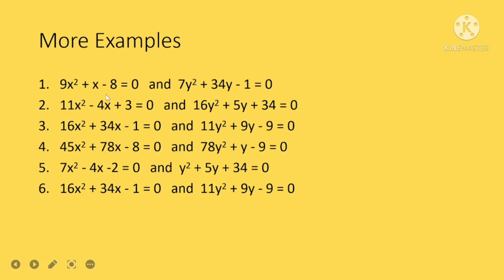Let us see the first example: 9x square plus x minus 8 is equal to 0, 7y square plus 34y minus 1 is equal to 0. The values of c1 and c2 are both negative, hence we cannot compare x and y. From the second example, the values of c1 and c2 are both positive, hence we cannot apply the first principle.